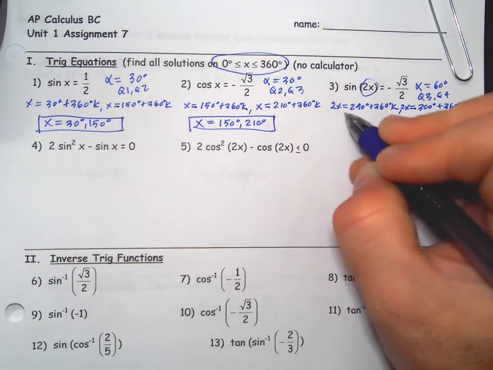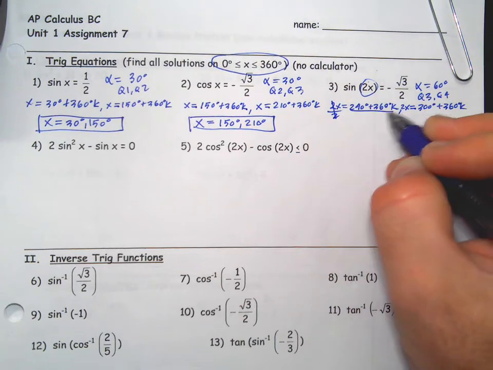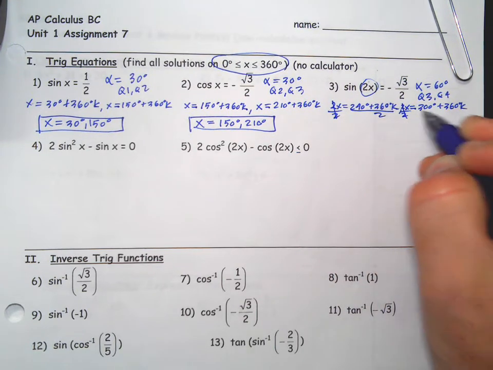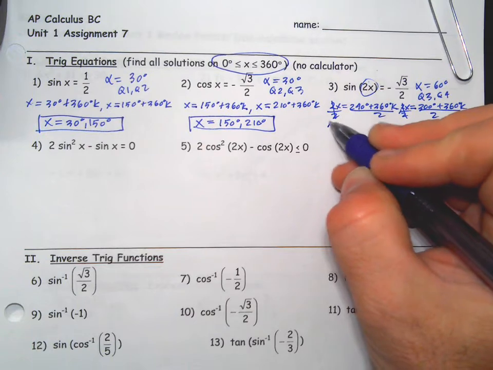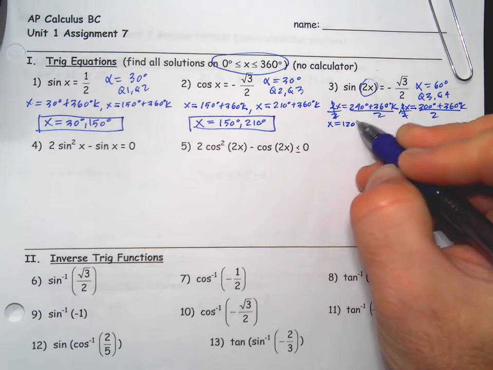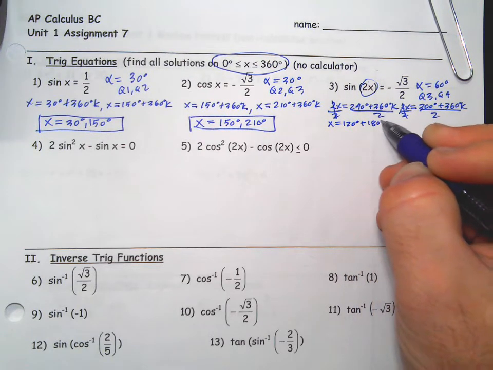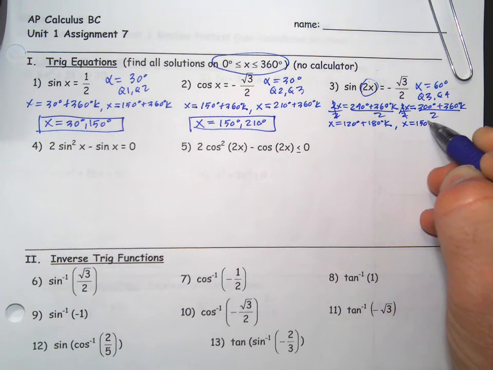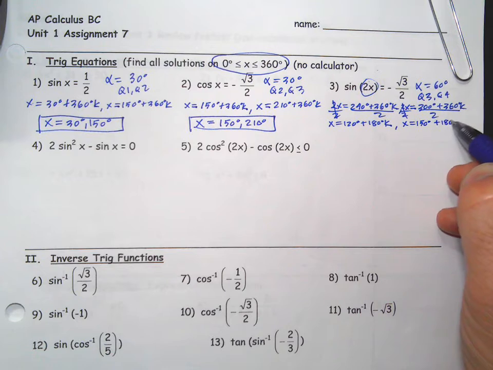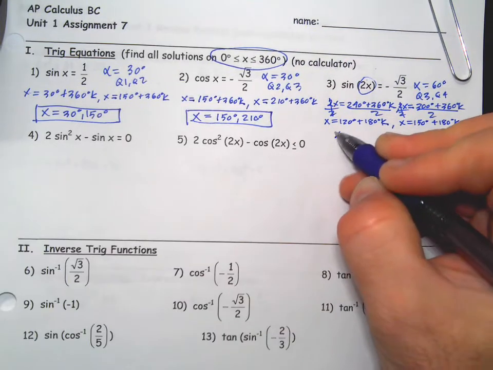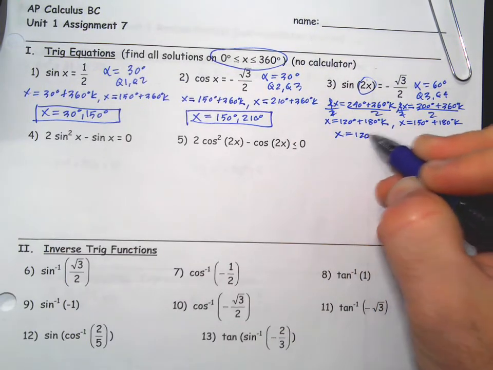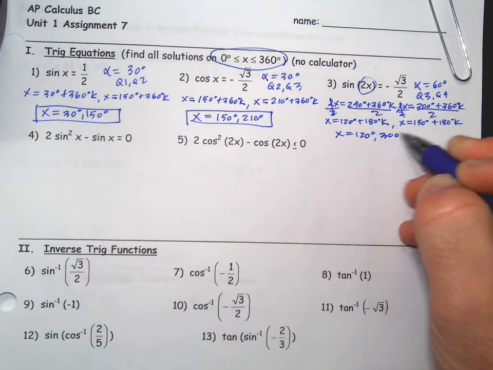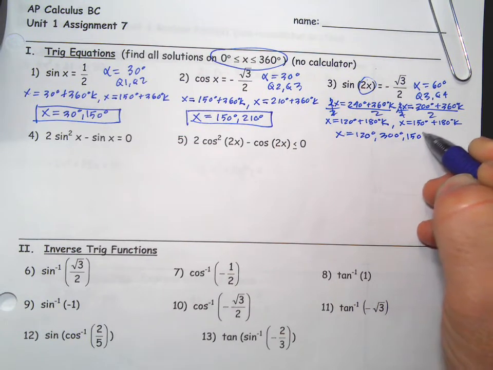Now we deal with the 2 on the inside. It's going to cut the period in half, which means we should have double the answers. So x equals 120 plus 180k, and x equals 150 plus 180k. And x equals 120, 300, 150, 330.